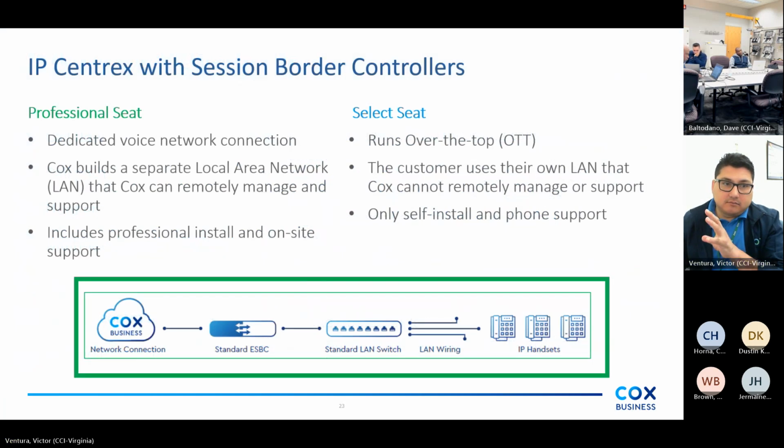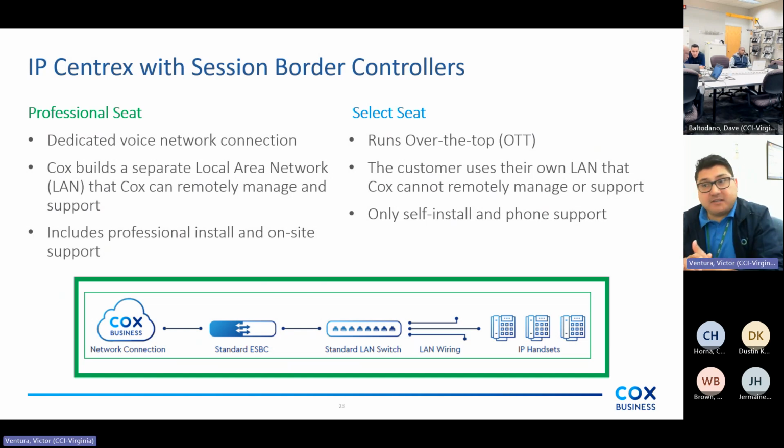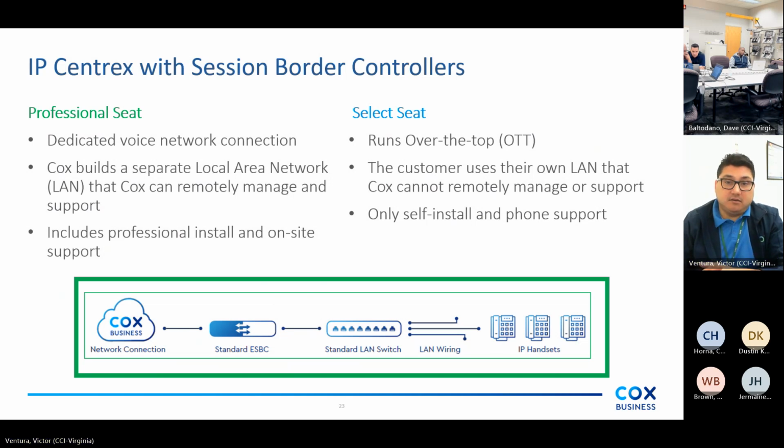Now, when IP-Centrics is installed, we install 2 types of seats. One is called a professional seat, and one is a select seat. A professional seat is what a technician will be installing. You can have a dedicated voice network connection. If it's over HFC, it's going to be over a CBI connection.